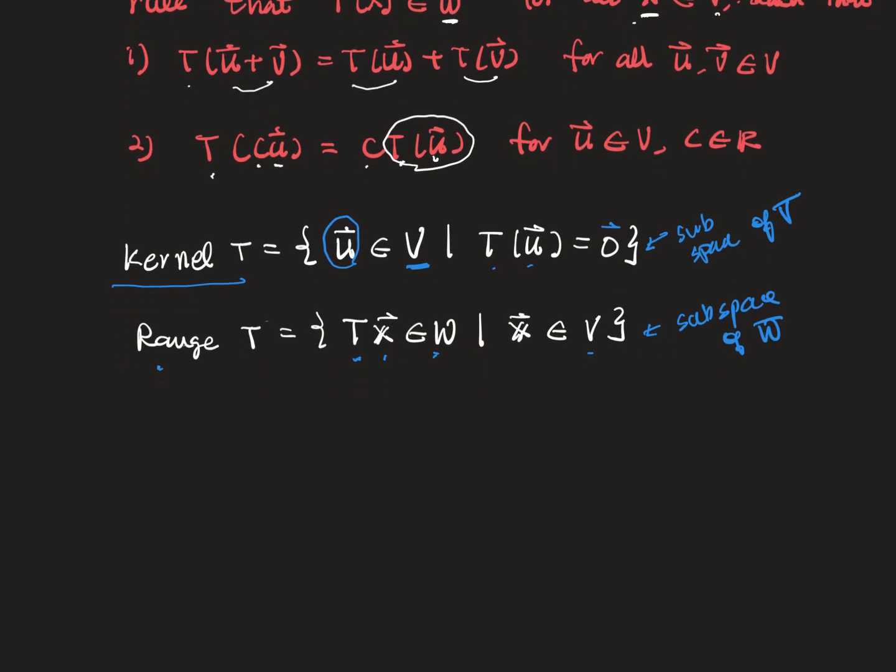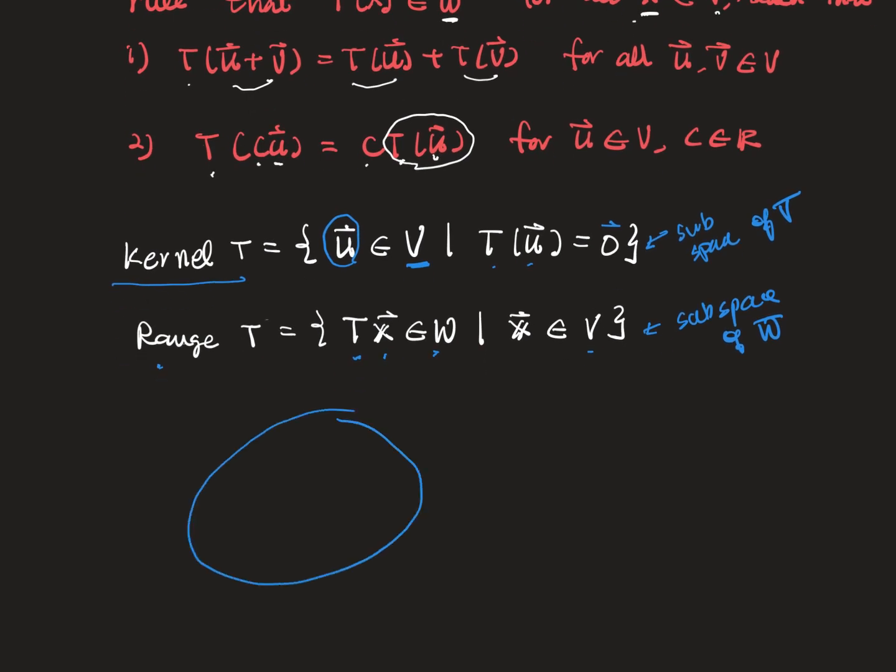So what are you going to say, guys? Here is the V vector space, and here is the W vector space.